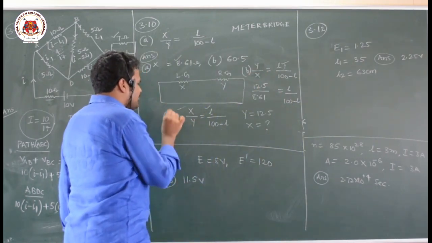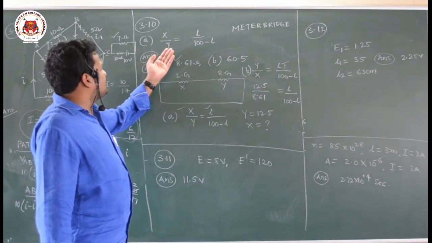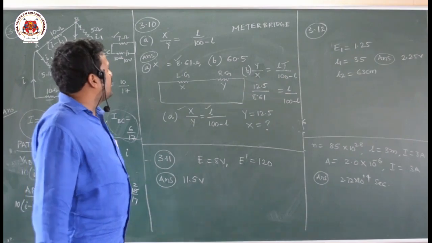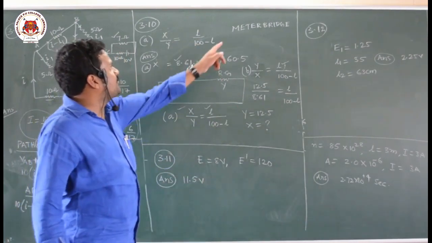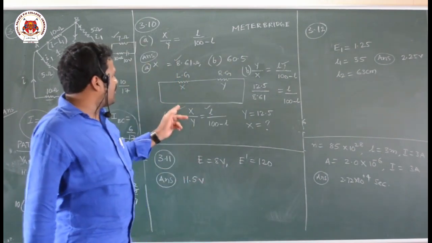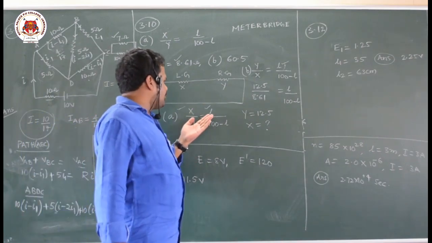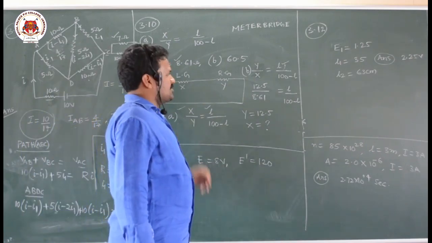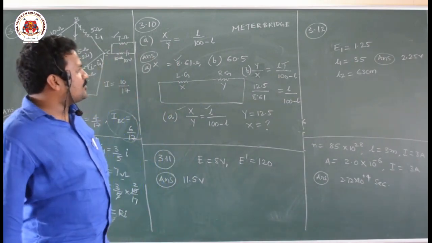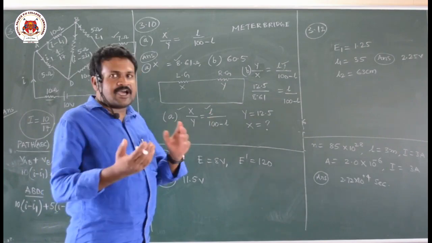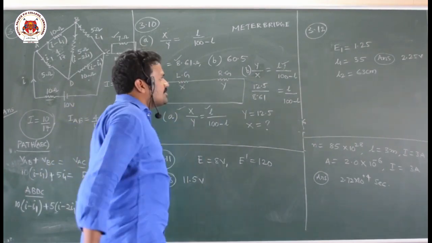While writing in the exam, you have to write clearly: given Y, asked X, and the balancing length is given. Then you should start solving using the principle of the meter bridge: left gap by right gap is equal to L by 100 minus L. The L he has given lets you find X. In question B, he says I interchanged the resistances, that means X is connected at Y and Y at X, what is the balancing length.